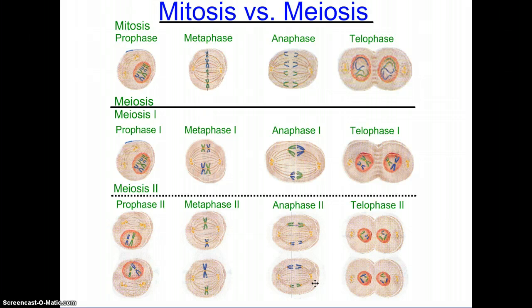Now, in mitosis, you started with 1 cell and ended with how many? 2. And they were identical. The 2 that were created during mitosis were identical to the original. In meiosis, you start with 1 cell and it becomes 4. Are they identical?